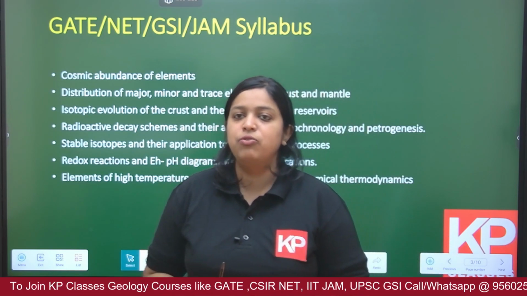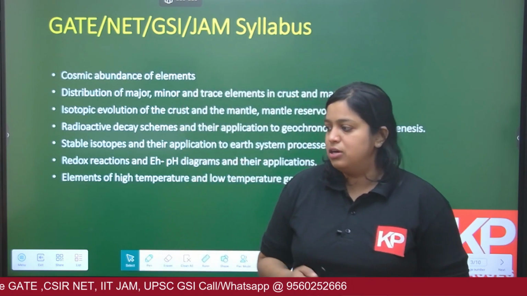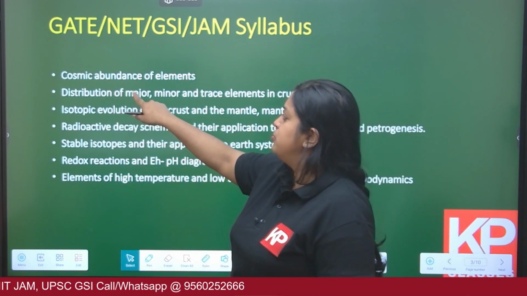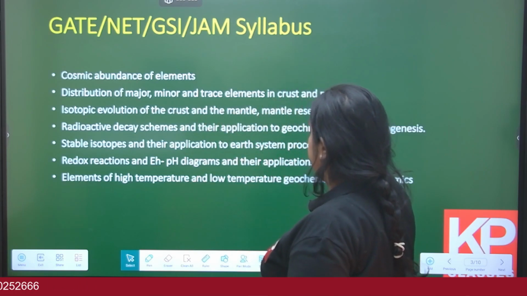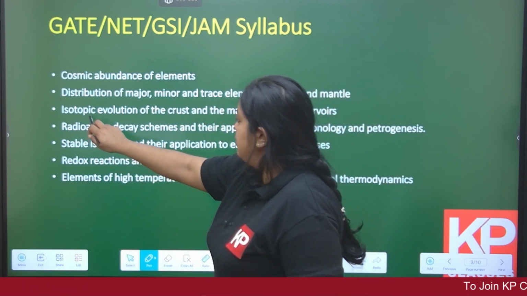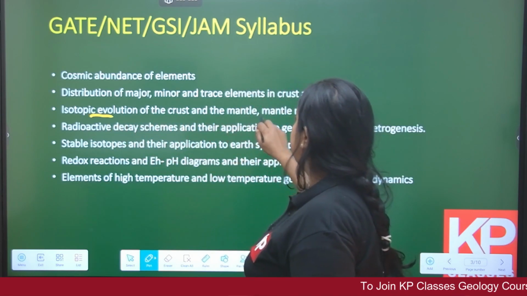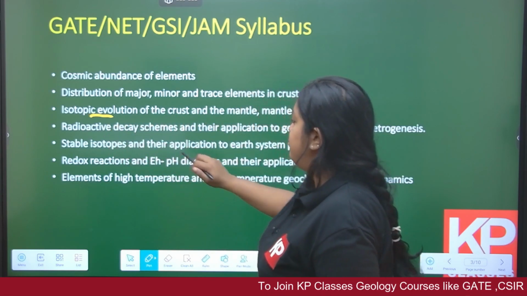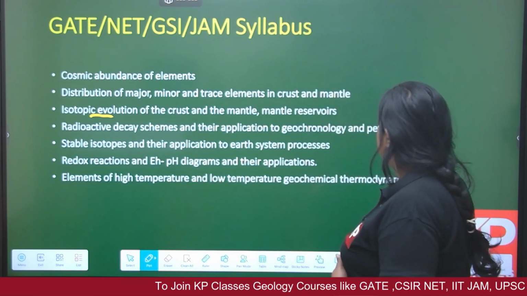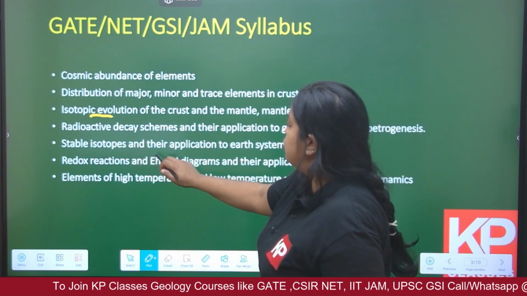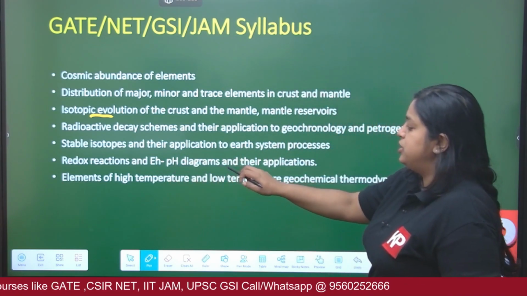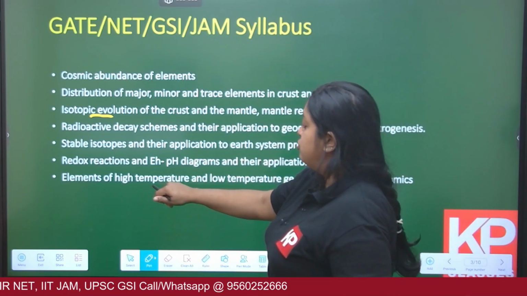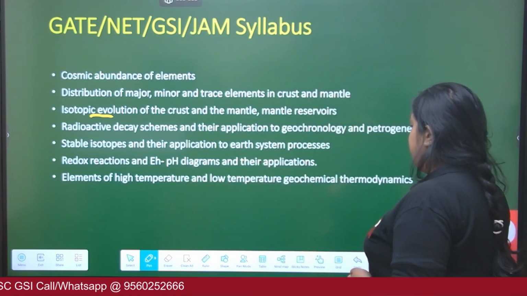Whereas for GATE, NET and the UPSC Geoscientist prelims paper, we have to study in detail the cosmic abundance of elements, distribution of major, minor and trace elements in crust and mantle, isotopic evolution of crust and mantle reservoirs, radioactive decay schemes and their application to geochronology and petrogenesis, stable isotopes and their application to Earth system processes, redox reactions and EH-pH diagrams and their applications, elements of high temperature and low temperature geochemistry, and thermodynamics.